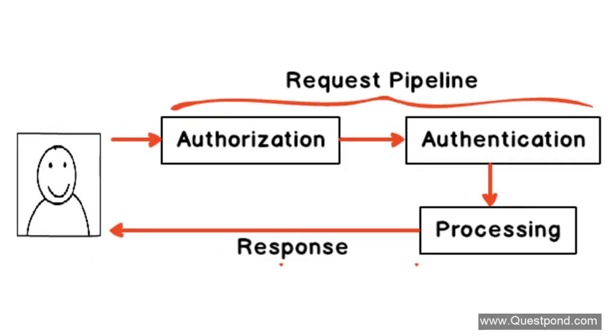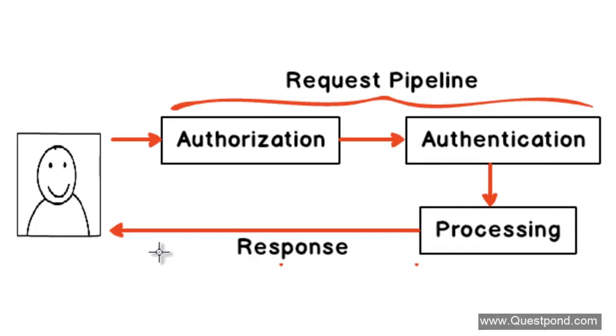If you closely analyze the request, as a developer, we pass that request through a series of logics. So we can have a pipeline, and in that pipeline we put things like authorization logic, authentication logic, we do some processing, and the final response is sent.